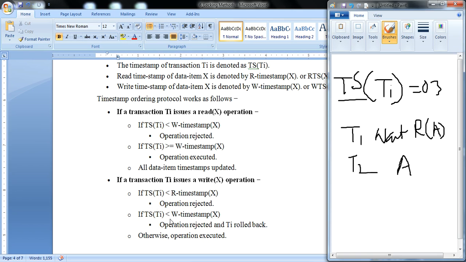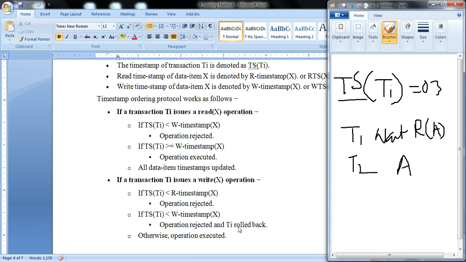If the timestamp is less than the write timestamp of the data item, then the operation is rejected and Ti is rolled back in this situation, right?